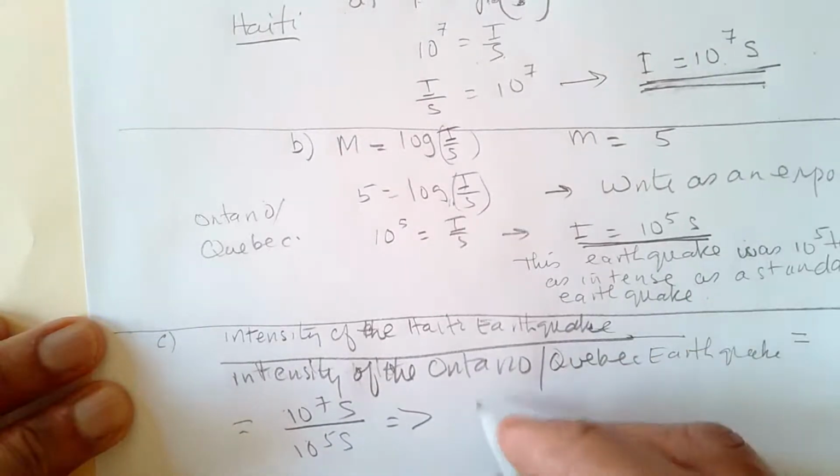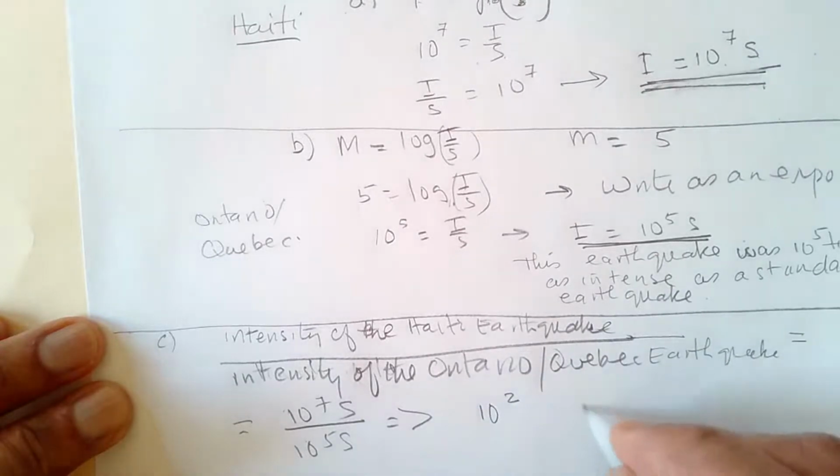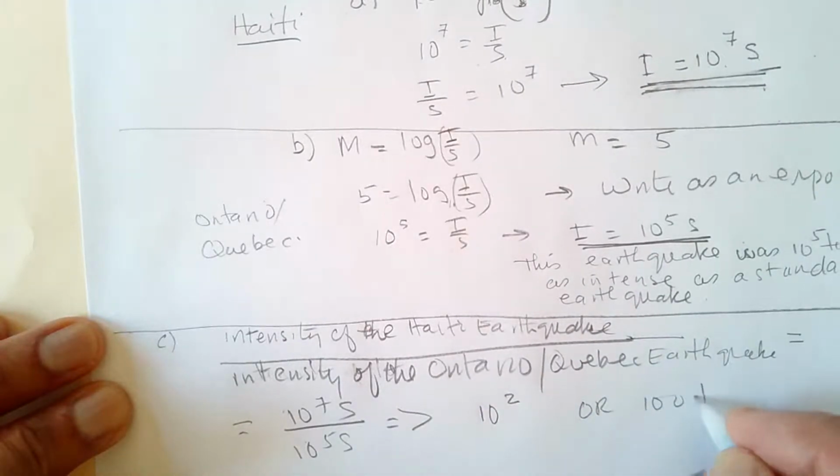So this gives us the result of 10 to the power 2, or 100 times.